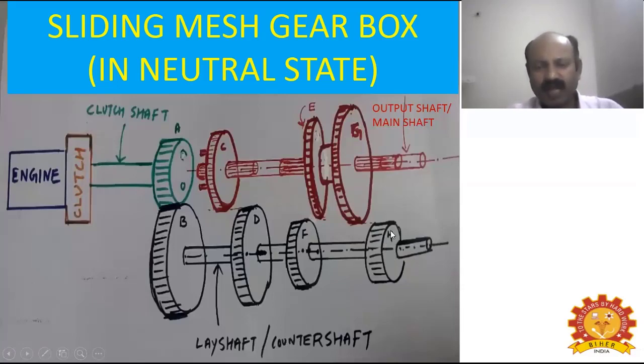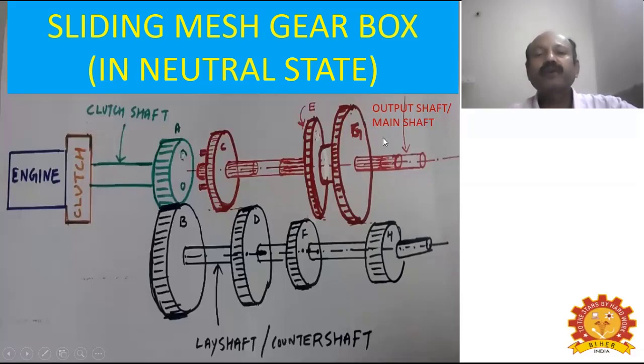After engaging first gear, gear G meshes with gear H. This H gear is running at 2000 RPM, and the bigger gear G will run at lower speed than gear H, for example 1000 RPM.